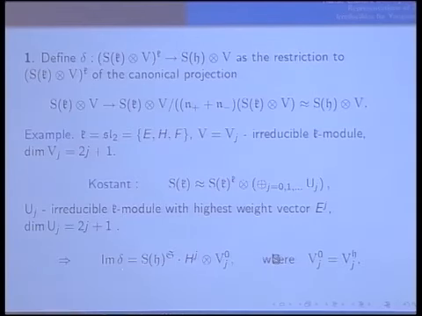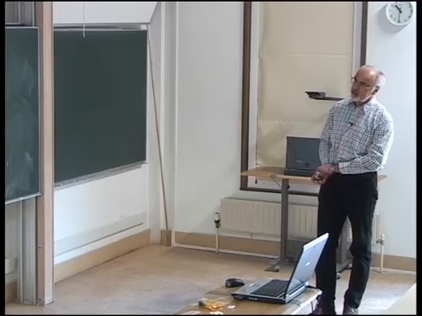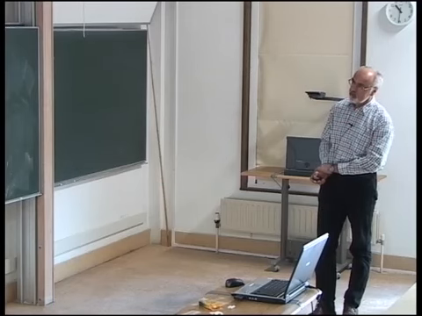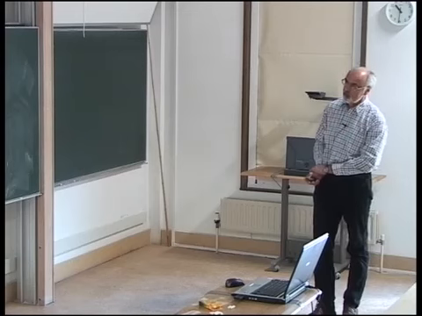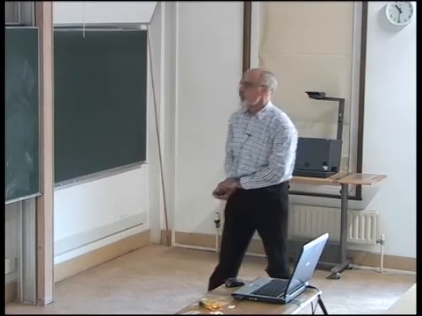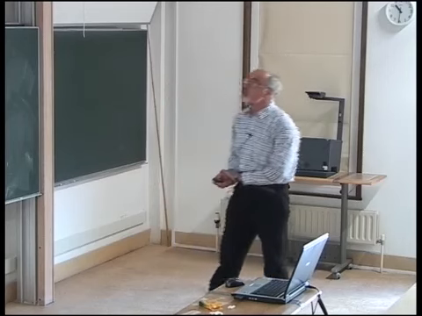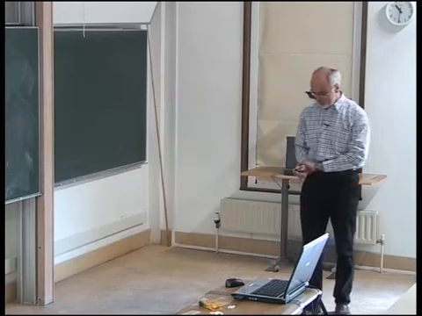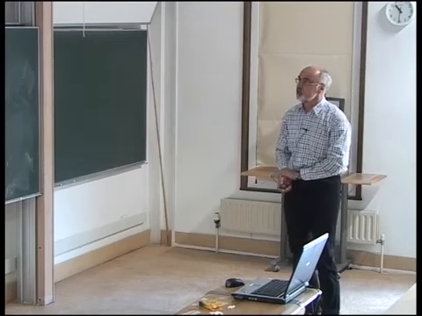Easy computations show that the image will be generated by zero-weight vectors, invariant polynomials, multiplied by the j-th power of Cartan elements. And actually this is what is going on in the general case.